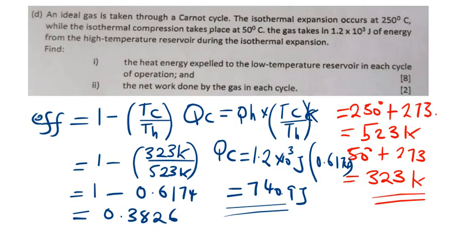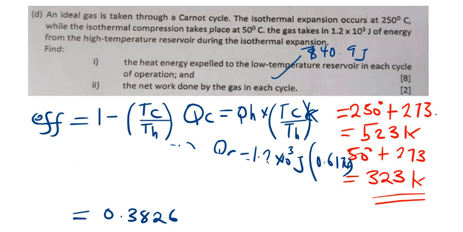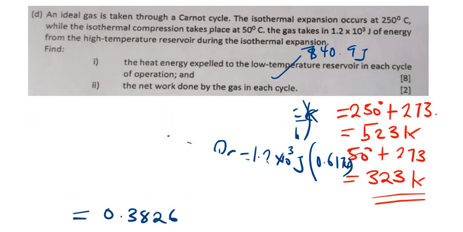So we found the first one, heat expelled, 740.9 joules. At least we've already found our efficiency, so this will help us to find the work. Now let's have the last question.